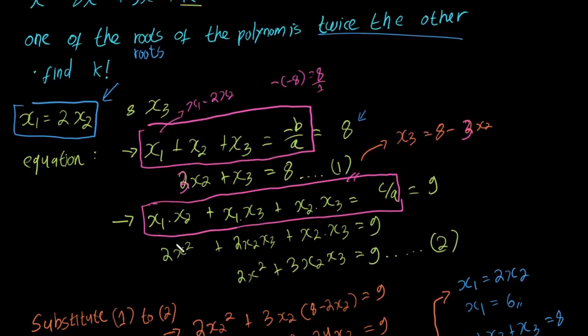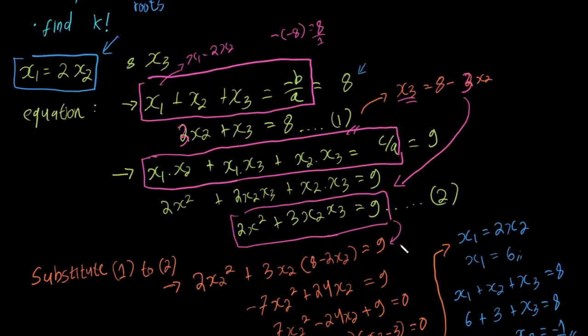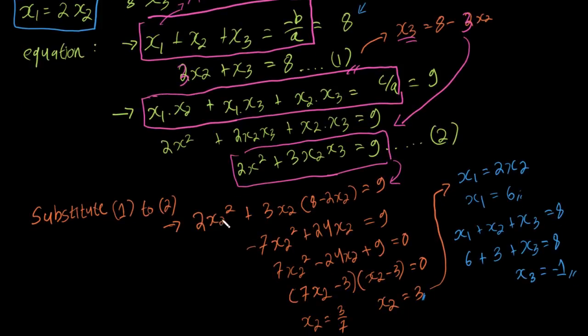Then you substitute x1 equals 2x2, and you'll get this equation. And then x3 is essentially 8 minus 3x2, and you insert this into this equation, and that's what I'm going to do here.